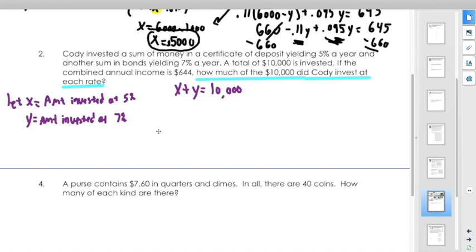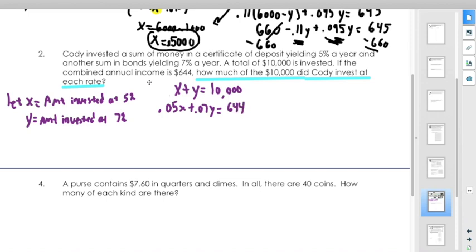So I know that together, the 5% and the 7% go along with the x and y, respectively. So 5% goes with x, 7% goes with y. 5 divided by 100 is 0.05, so let's write this. 0.05x. And then 7 divided by 100 would be 0.07y. And combined annually, it's 644.